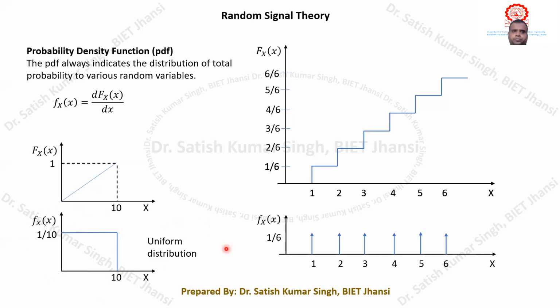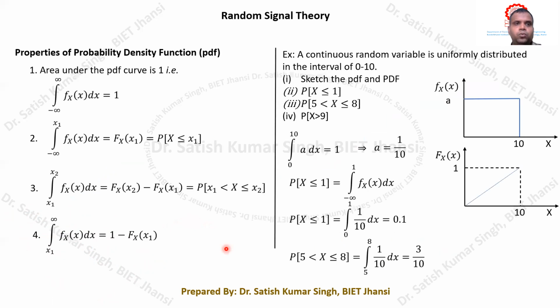So this is our probability density function, and there are certain properties of this PDF that we need to understand. If we have any probability density function, defined by f_X(x), and we integrate it from minus infinity to infinity, the area under the PDF curve is always equal to unity.